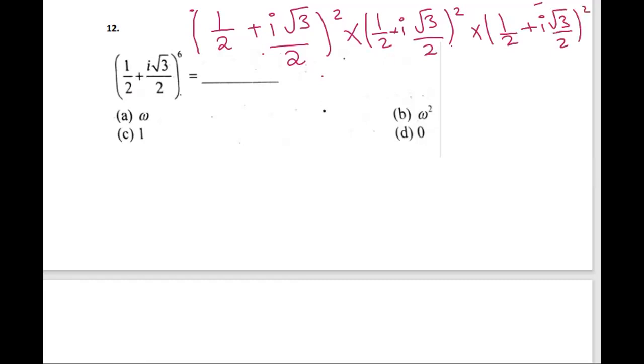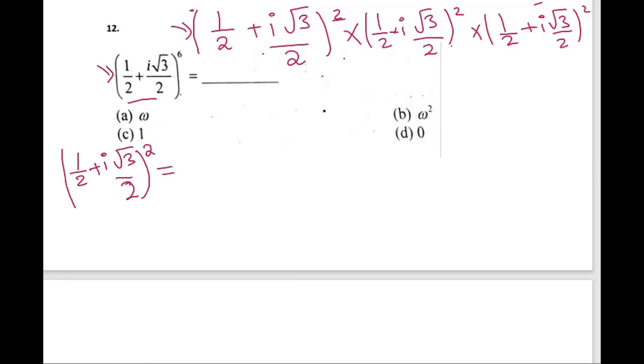Now when bases are the same, powers are added. I've written this whole thing 3 times with 2 as the power because this is equal to 1 by 2 plus iota root 3 by 2 to the 6, right? And I can find this out easily, but I cannot find the 6th power directly. Okay, so let's find 1 by 2 plus iota root 3 by 2 to the square.